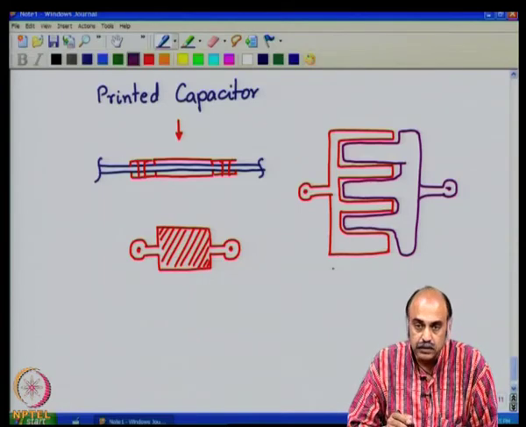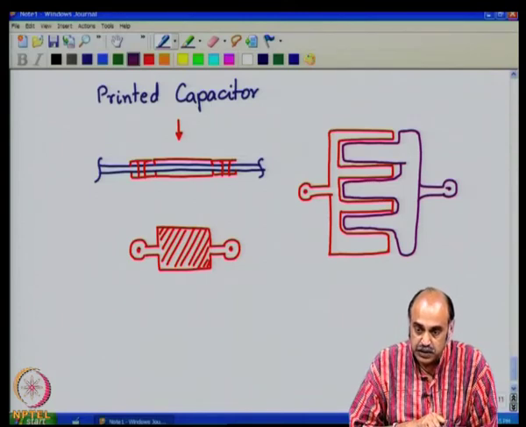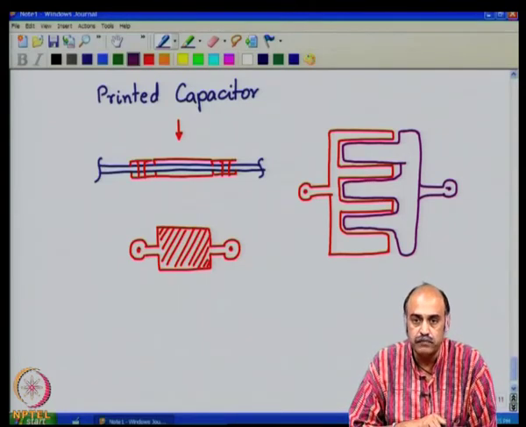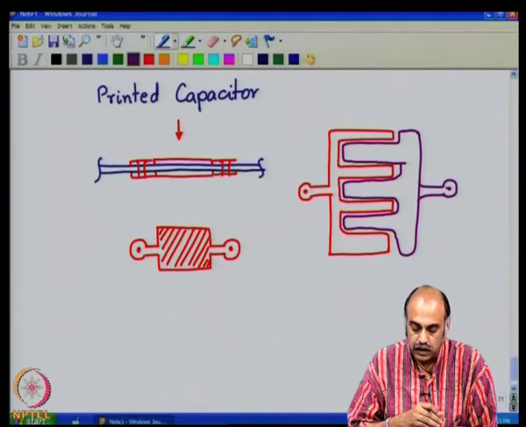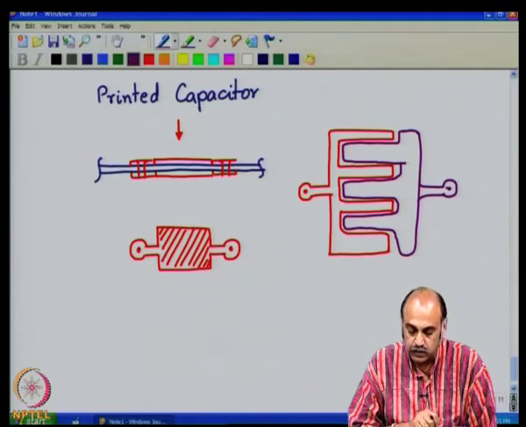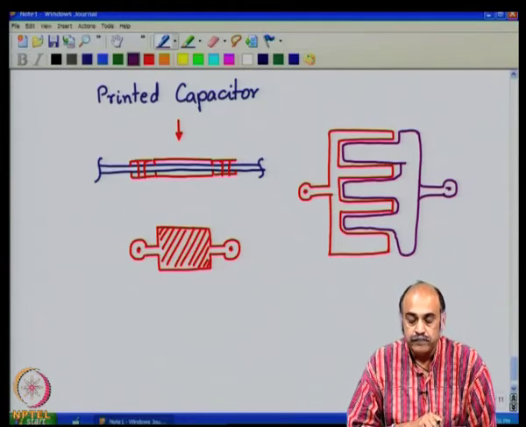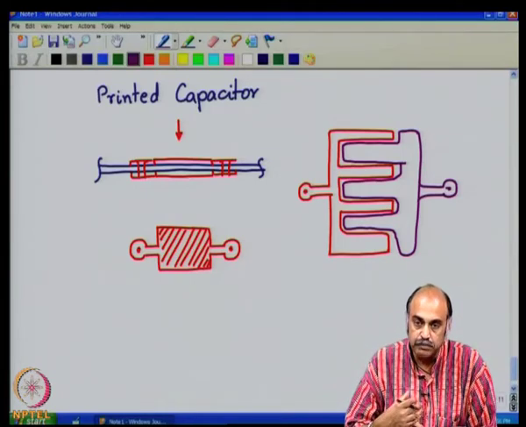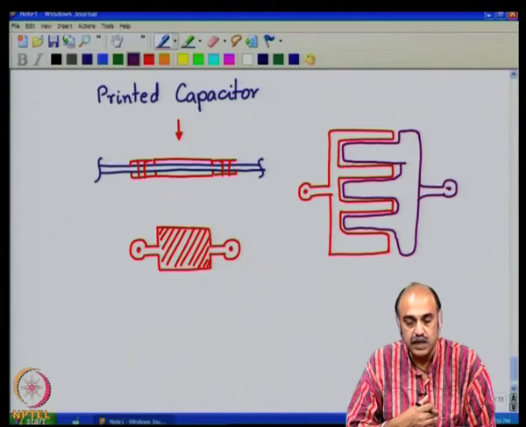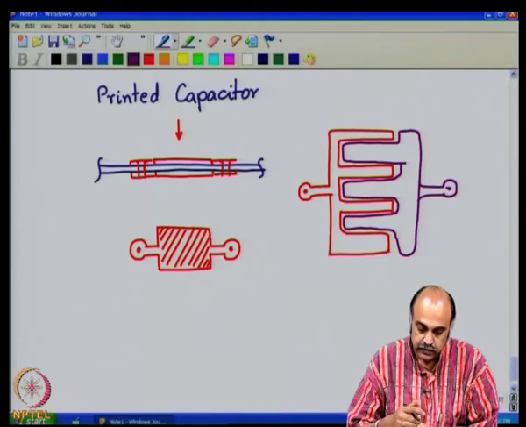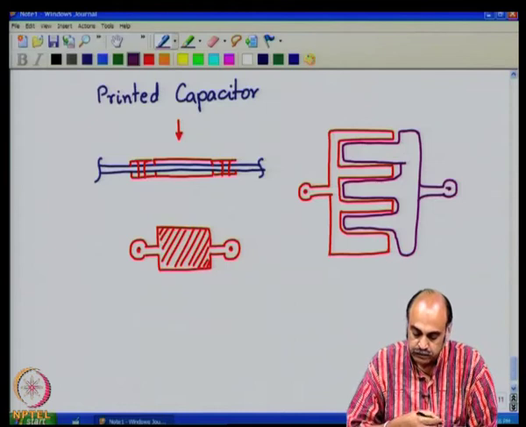So, one can print something like this, and then probably measure the capacitance and make charts out of it for a meter length, or for the length of the combs, or the width of the comb, the distance between the comb teeth. The developer of the printed wiring board should start making charts that will aid him in future boards.